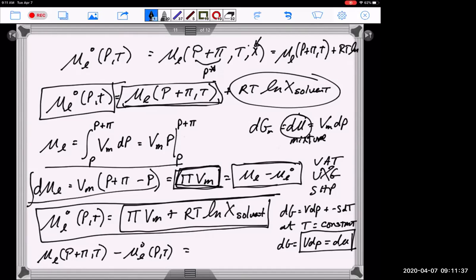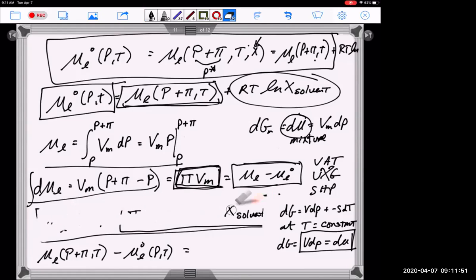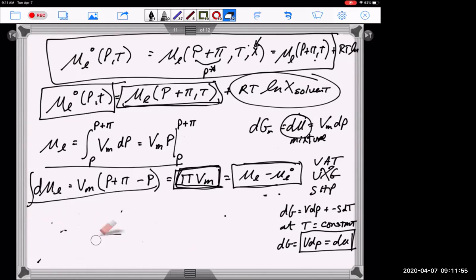And then up here, we have mu liquid minus mu L. So what I'm going to do is change this because it had some errors in our notation.